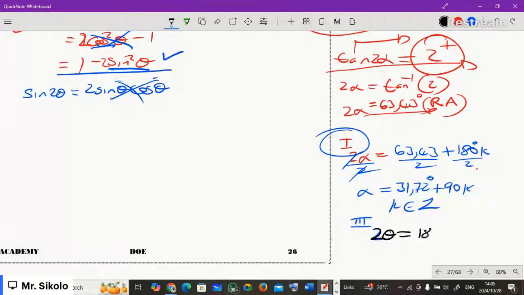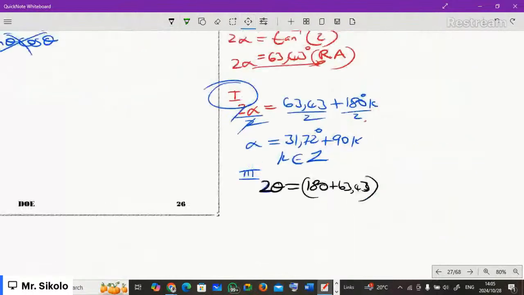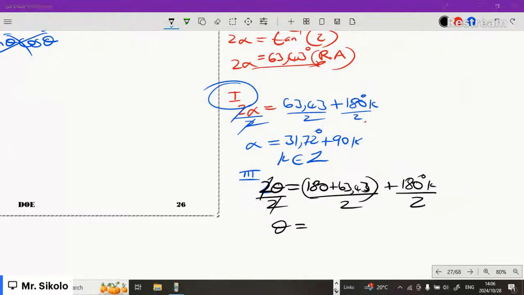So it's 180 plus your reference angle, which is 63.43, then plus the period of tan, 180K. Then whatever you are going to get here, you will divide by 2. Cancel. That means your theta will be equal to, so for the calculator again.